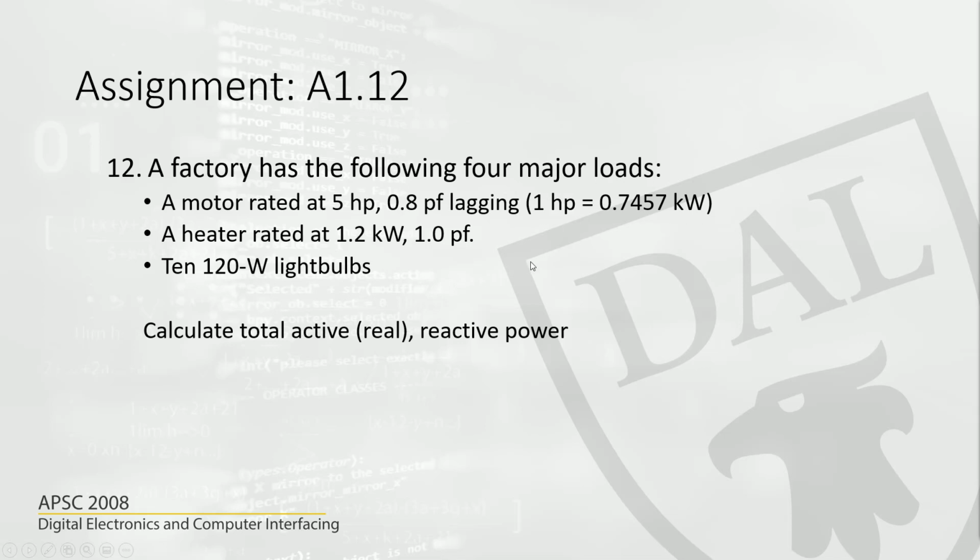That is your reactive power, and we don't have any other reactive power, so that will be the total reactive power. So that is question 12. It should be easy and simple. In the next session we will talk about energy, and that should conclude module 1.